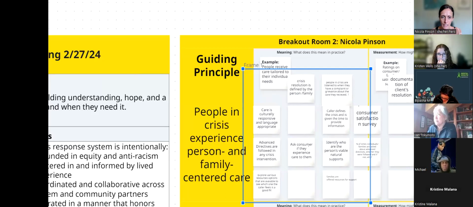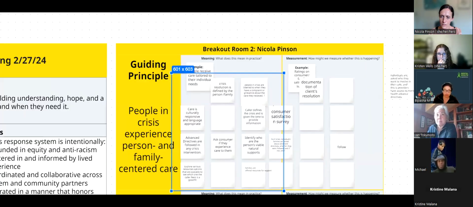Christina, it looks like the frame got moved to the left. Is it possible to move that back? Yes.